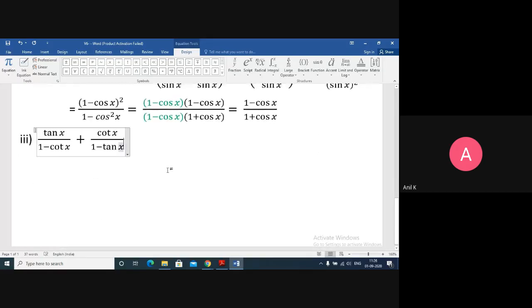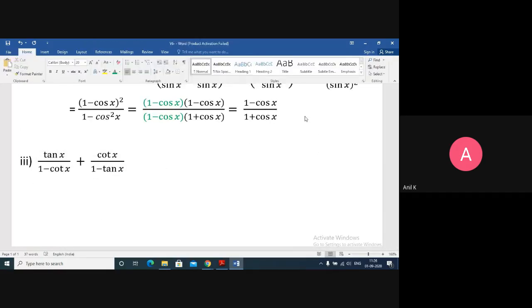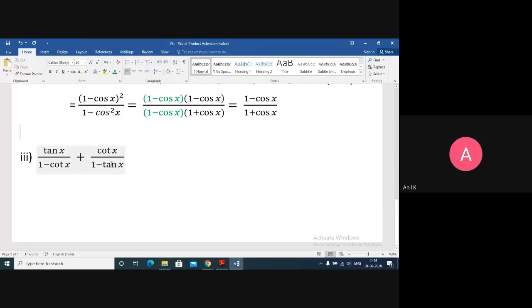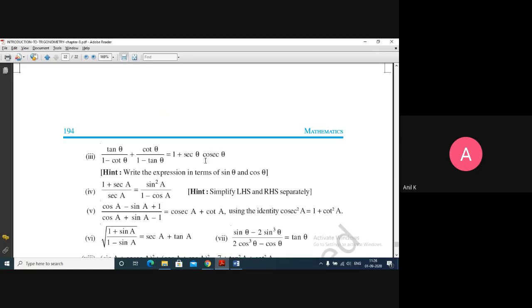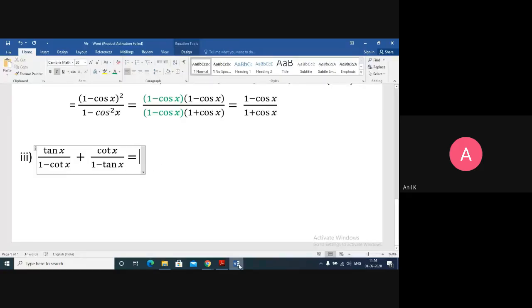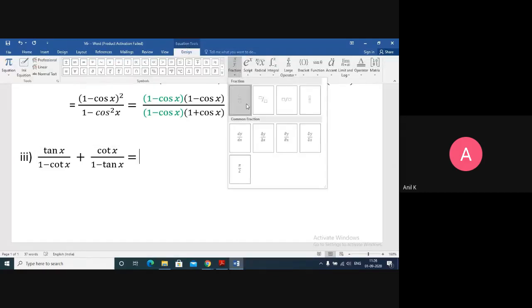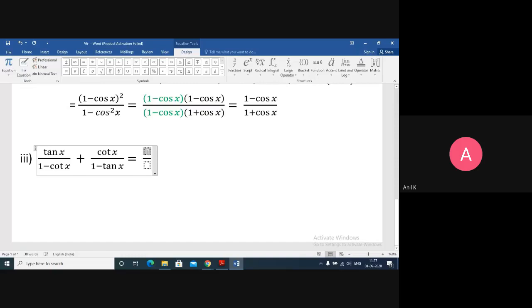This is our LHS given to us, and what they asked us to prove is 1 plus sec x cosec x. The hint is given: write the expression in terms of sine and cos. Even if they don't give the hint, we are going to do the same. So that hint is useless.